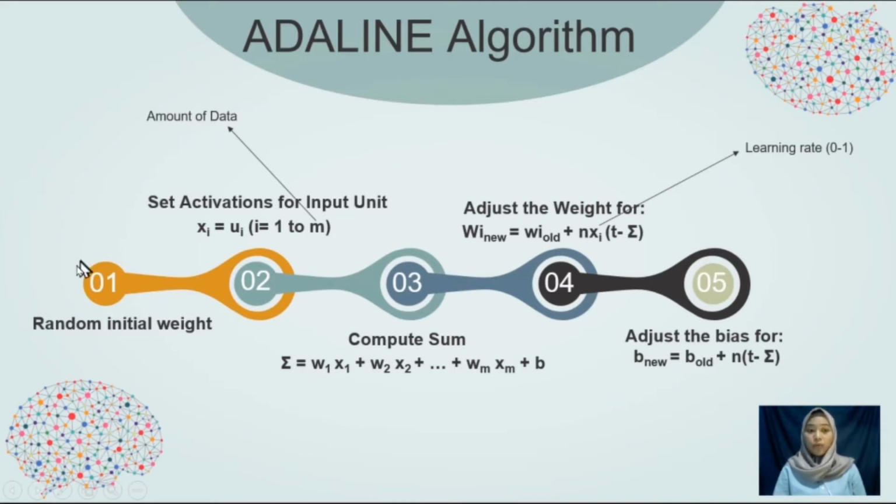First of all, we must do a random initial weight, for example W1 is 0.5, W2 is 0.7, etc. The second step is to set the activation for input unit xi equal to si, where i is 1 to m, and m is the amount of data.